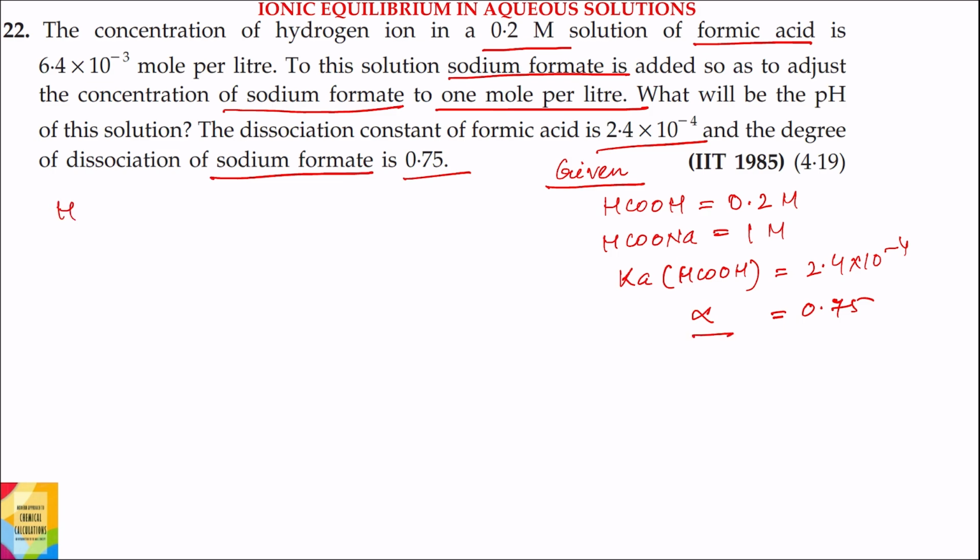So sodium formate dissociates to give formate ion and sodium ion. If alpha is the degree of dissociation, then at equilibrium the various ions present and undissociated sodium formate present will be C(1 - alpha), C alpha, and C alpha, where C represents the concentration of the sodium formate.